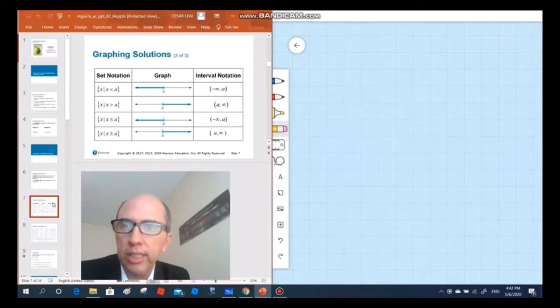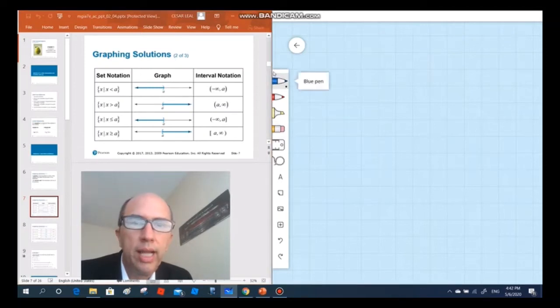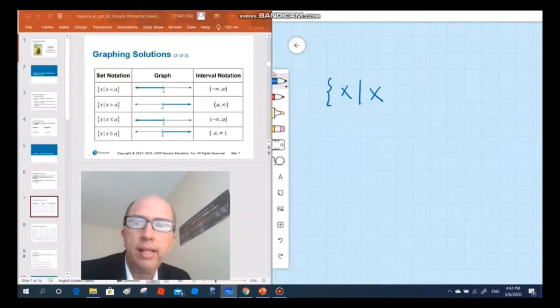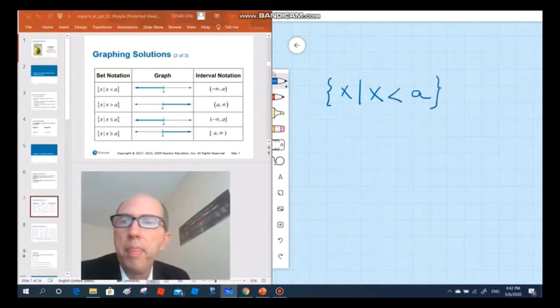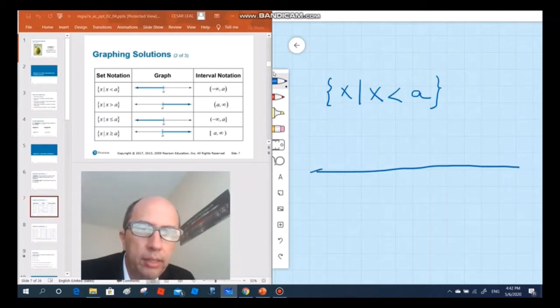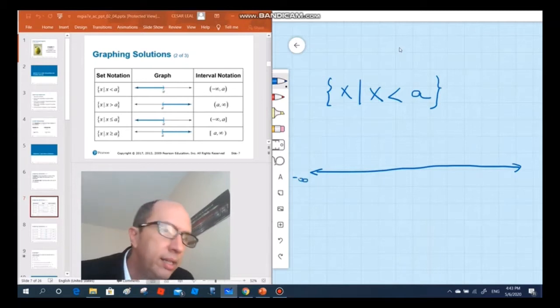One is using set notation, and you see here, the set notation is x such that x is greater than, less than, greater or equal than, less or equal than a. The graph notation is basically a line that goes to negative infinity on this side and positive infinity on that side.